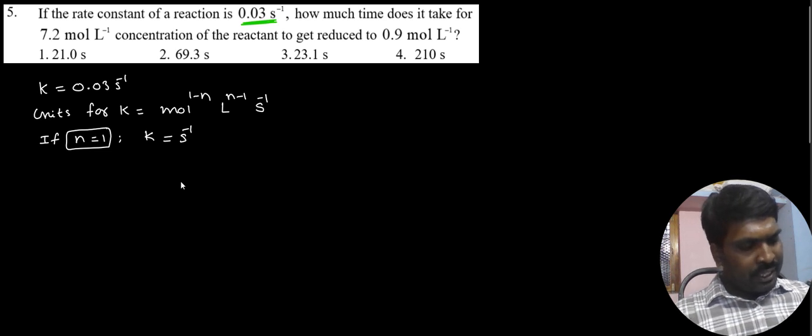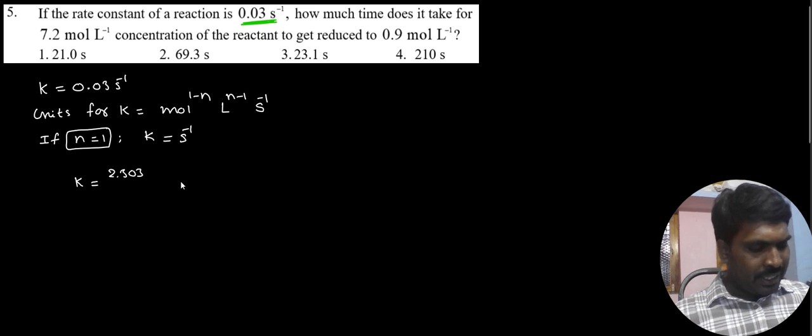For first order, the rate constant formula is K equal to 2.303 by t log A naught by A naught minus x.